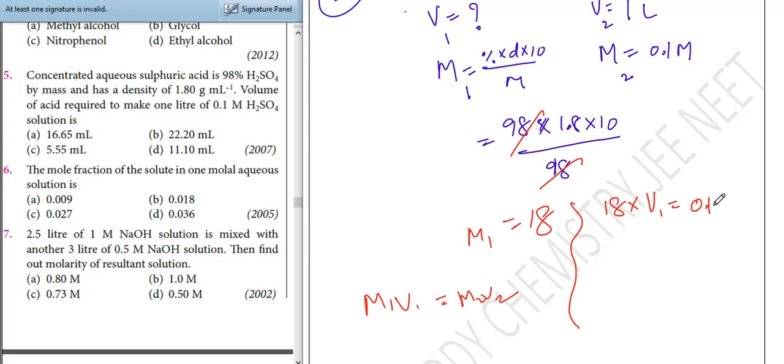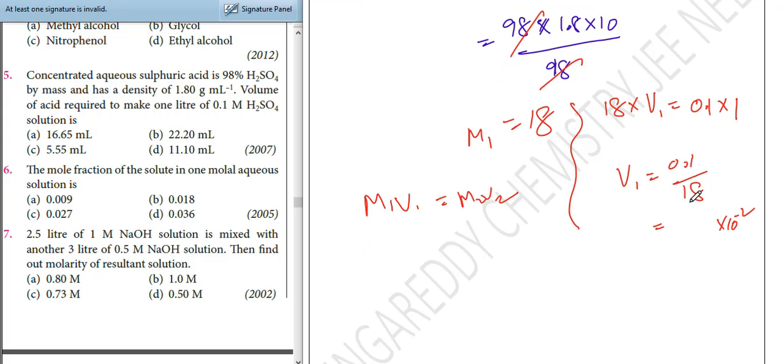M2 is 0.1, V2 is 1, then V1 equals 0.1 by 18. If I take 10 power minus 3, which is better, then I can write 100 by 18. So what will be the answer? 100 by 18 equals 5.55 into 10 power minus 3.